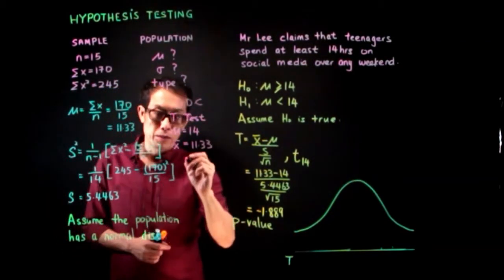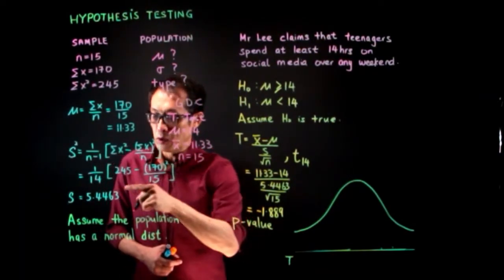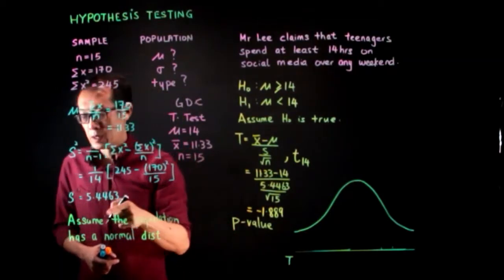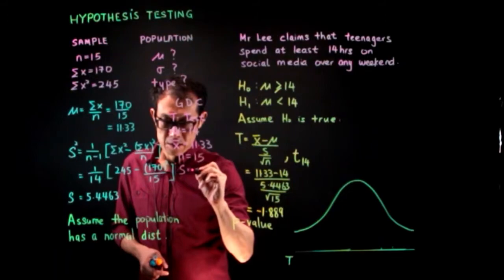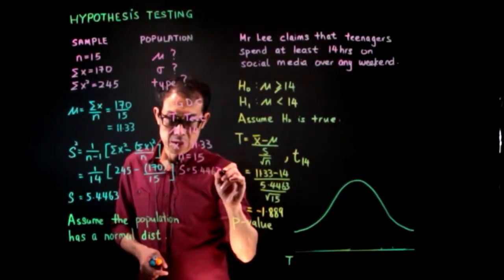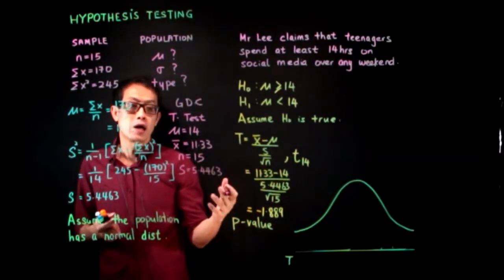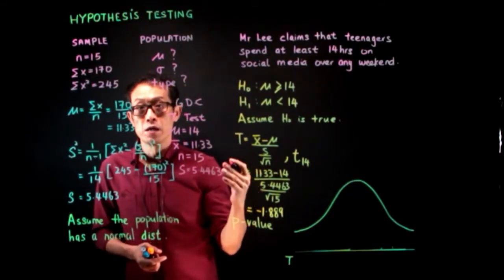Also you need your sample size and your sample variance. And then your calculator will give you the t statistic and also the p-value.